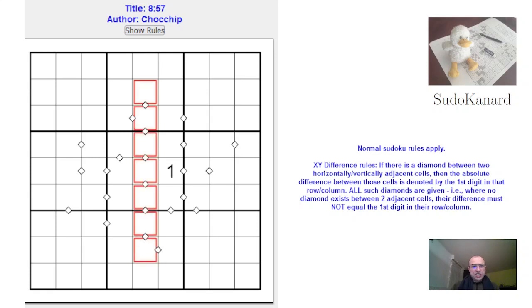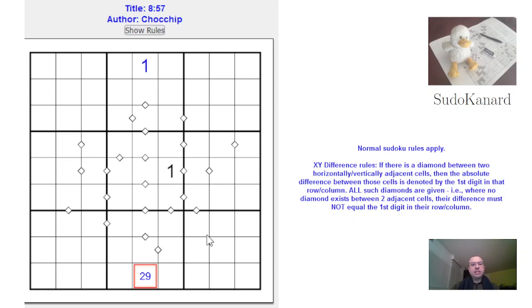Well, such a chain of equal differences can only be done with difference of 1. So those are consecutive digits from 2 to 8 or from 3 to 9. So the missing digit here must be 2 or 9. And those here must not be consecutive.